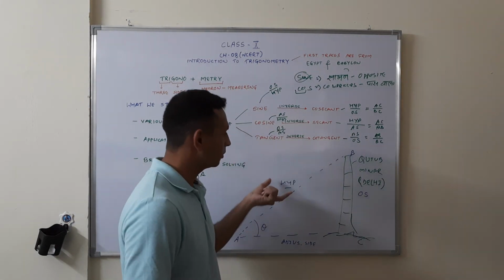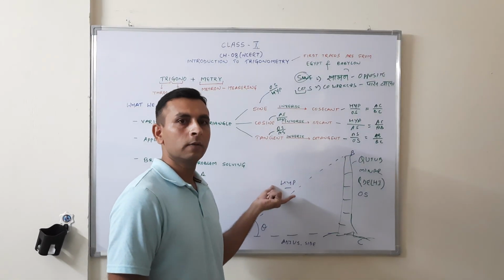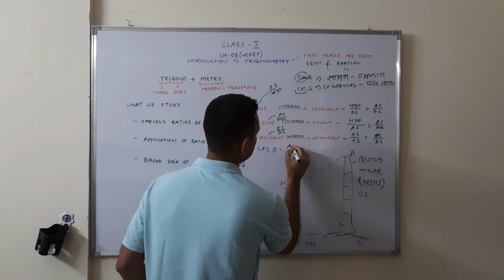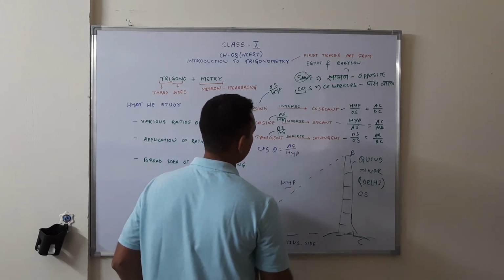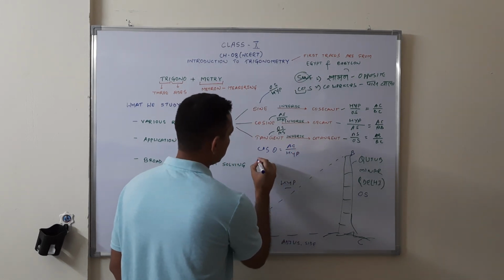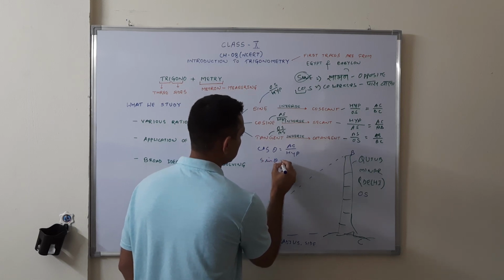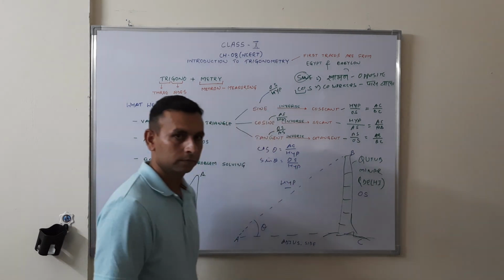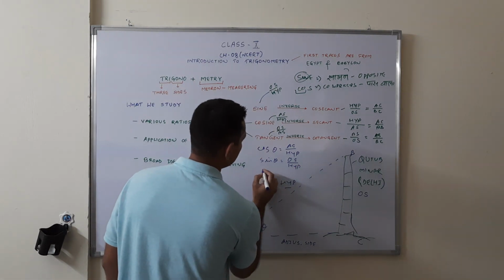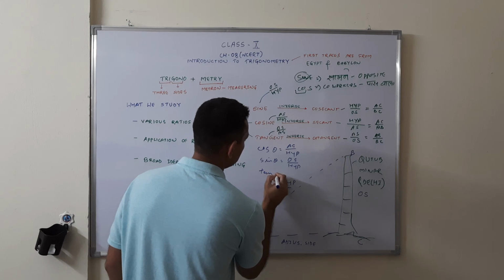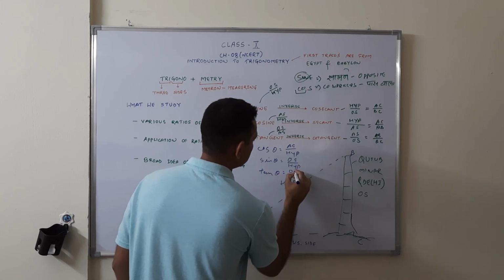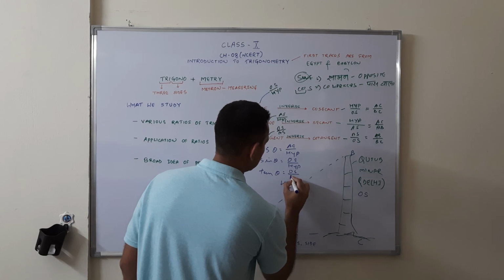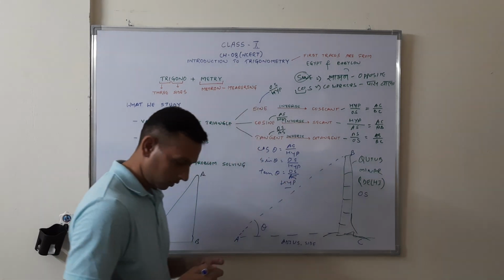Now I have the ratio adjacent side upon hypotenuse, which is cos theta. We have one more formula, that is sin theta, opposite side upon hypotenuse. I have another formula, that is tan theta is equal to opposite side upon adjacent side.